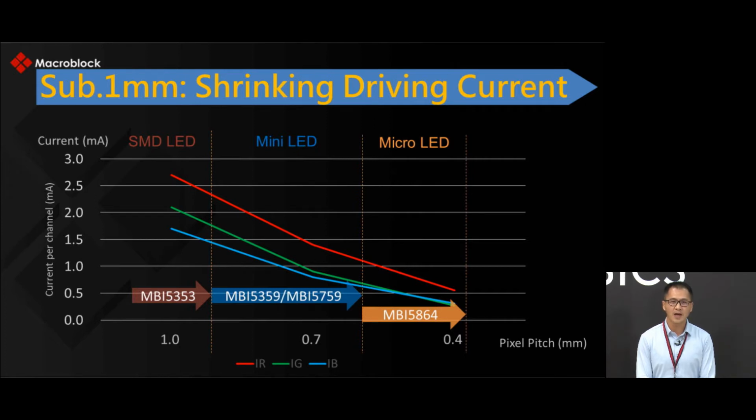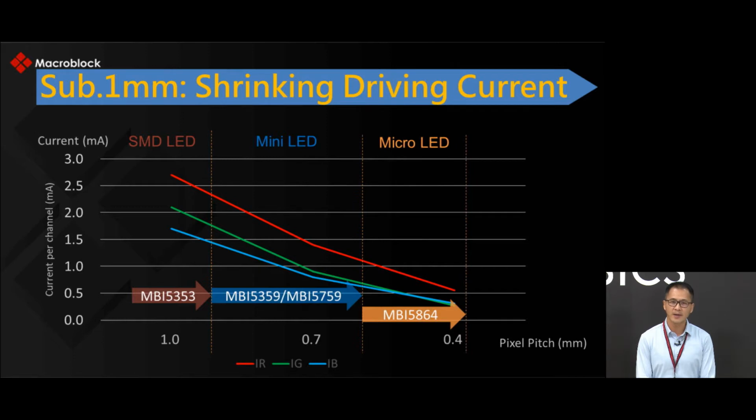For mini LED application, pixel pitch ranges from 1 millimeter to 0.7 millimeter. MBI 5359 and 5759 are the perfect solution because their minimum driving current is 500 microampere.